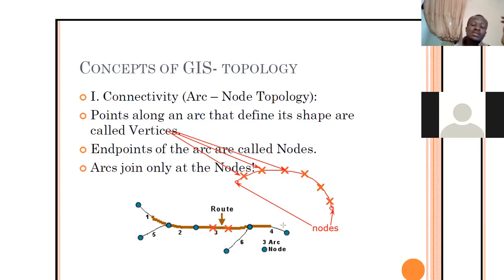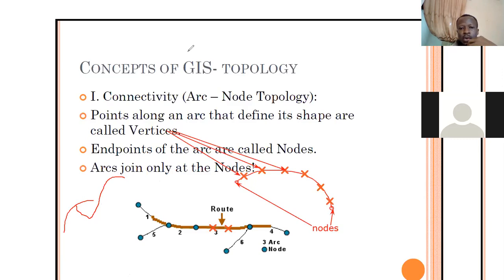All right, now the last one is very important: arcs join only at the nodes. If you have one arc and you wanted to join it with another, these two can only join where there's a node. So let's assume they have met at this point.